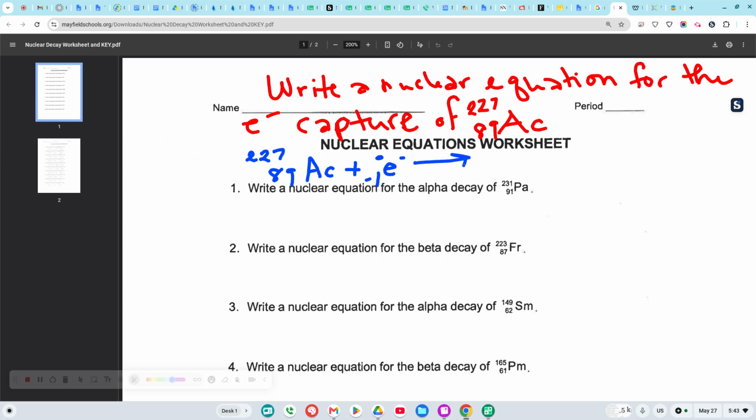So now you're just finding the one product. 227 plus 0 is 227. 89 plus a negative 1 is 88. Now that you have your new atomic number, you look at the periodic table and you determine that radium is the new isotope that you created. It's a new element.